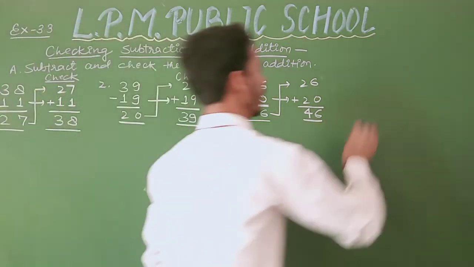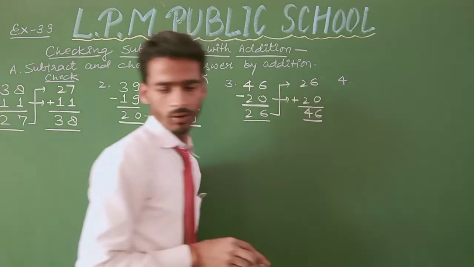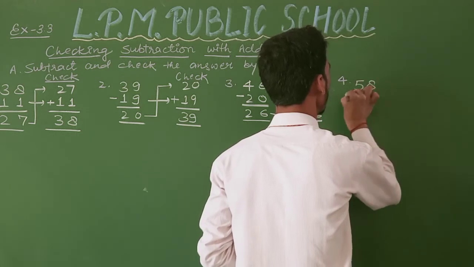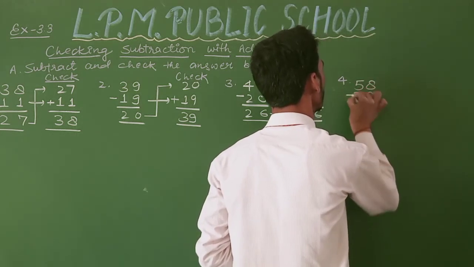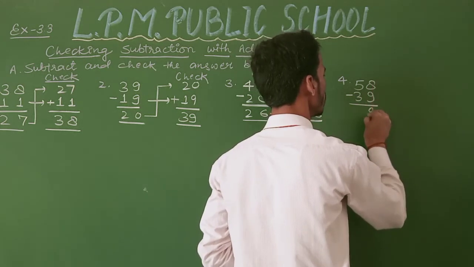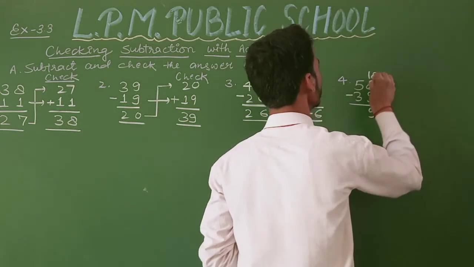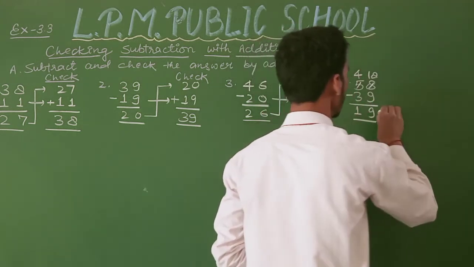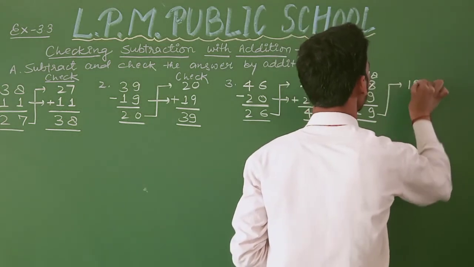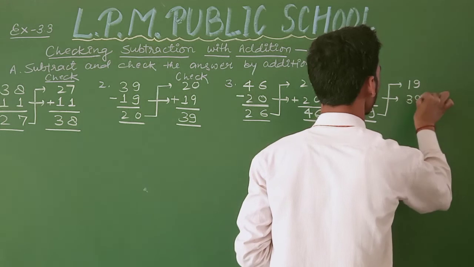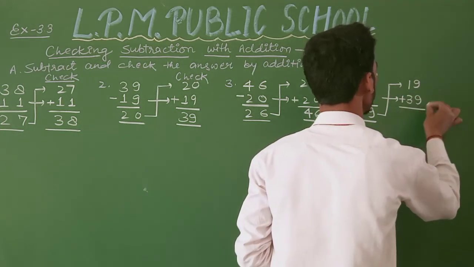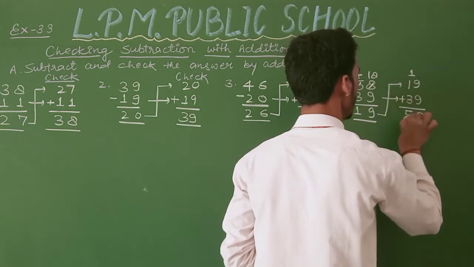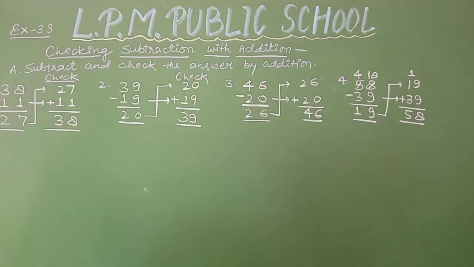Question number 4 is 58 minus 49. 18 minus 9 is 9, and 4 minus 3 is 1. 19 is the difference, and when we add the difference and the smaller number, that is 49, we find the bigger number: 9 plus 9 is 18, 1 carry, and 3 plus 1 plus 1 is 5, that is 58. Okay, 58 is the bigger number.